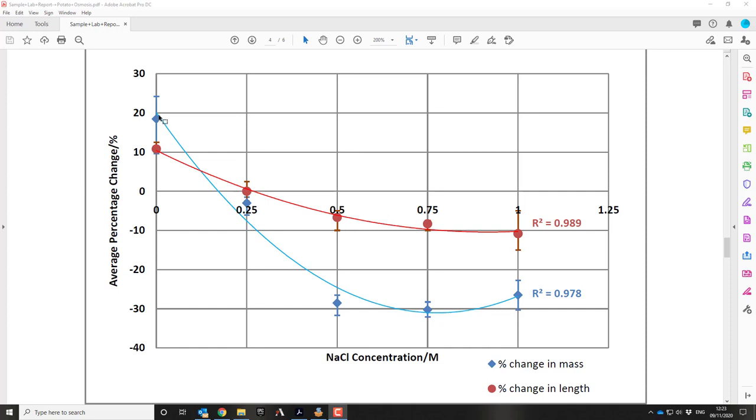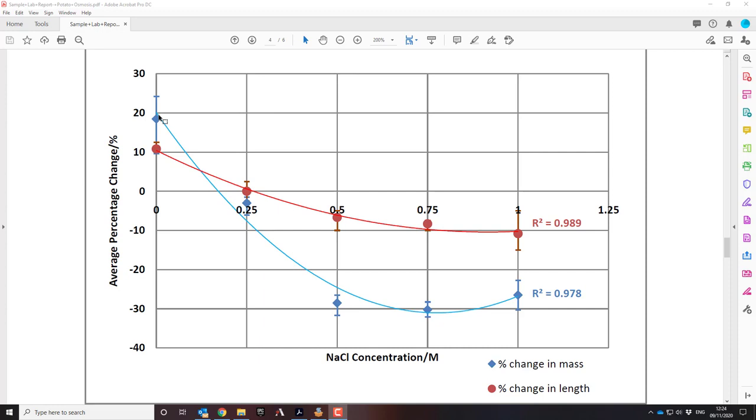So what's happening? When you have two things that are isotonic, so that means they have exactly the same ionic strength as each other, then osmosis doesn't happen. Water will not go from one to the other. When I have a higher concentration, I have a higher ionic strength, then the water will go from the lower to the higher.